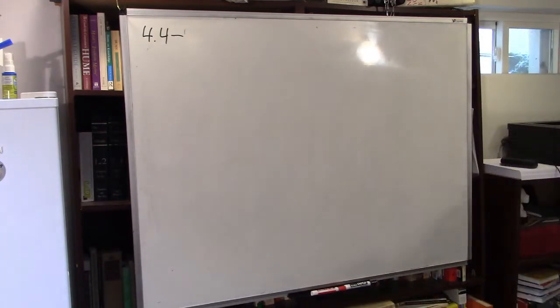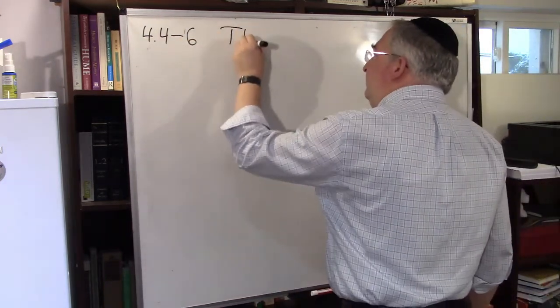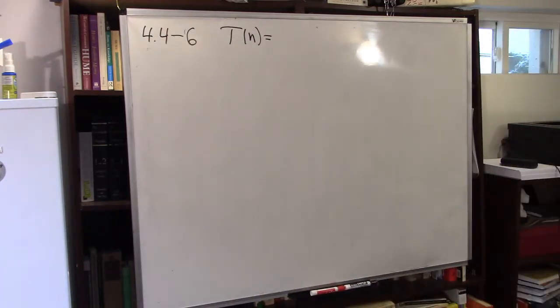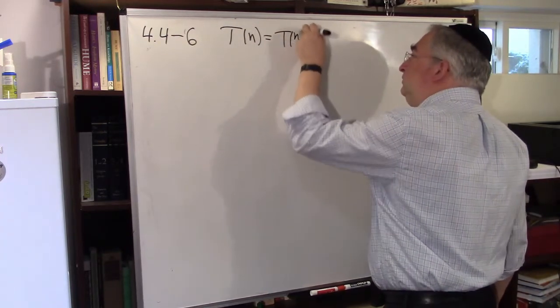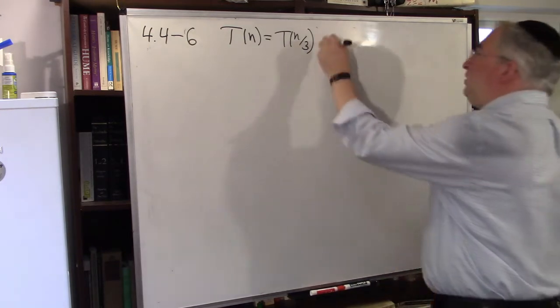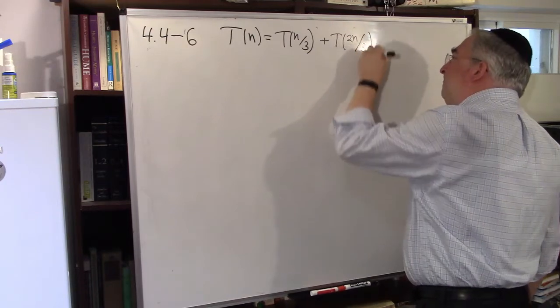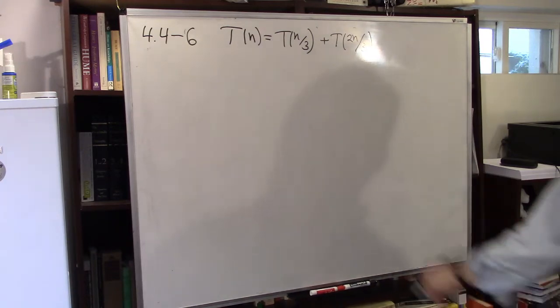The next one is 4.4-6. T of n is equal to, it's a funny little thing, but we'll do it together, T of n divided by 3 plus T of 2n over 3 plus c times n.